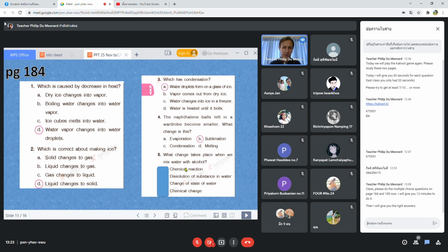Okay, question 5. If we mix water with alcohol, what happens? I'm sure the class can do this. Is it a chemical reaction? Is it dissolution? Is it a change of state or a chemical change? Which one is it?